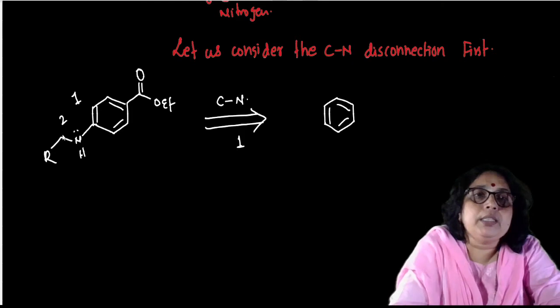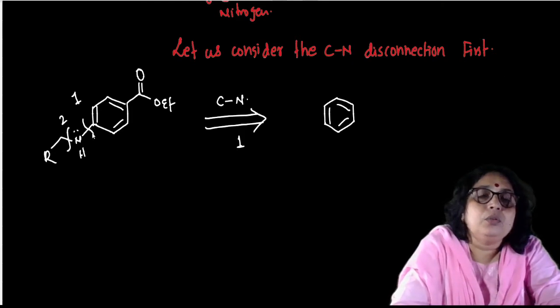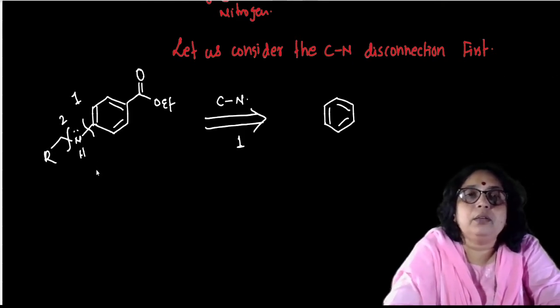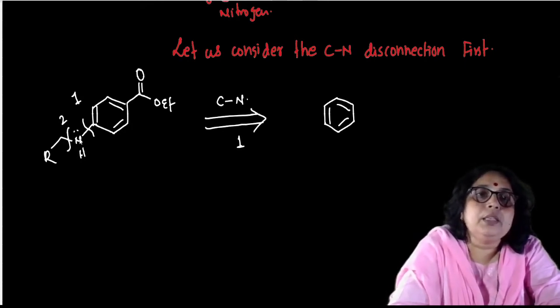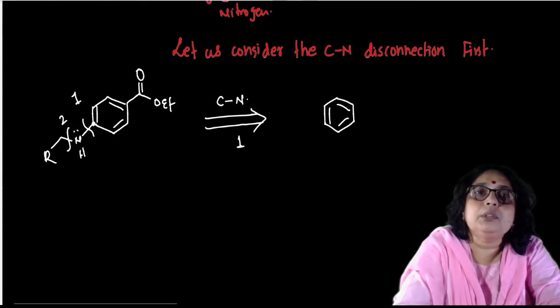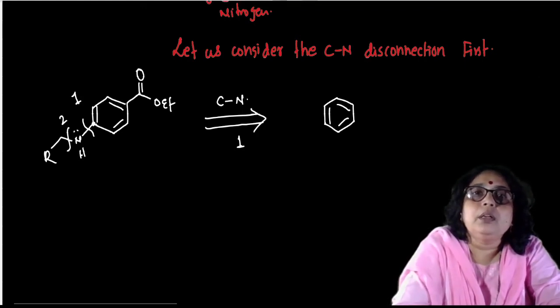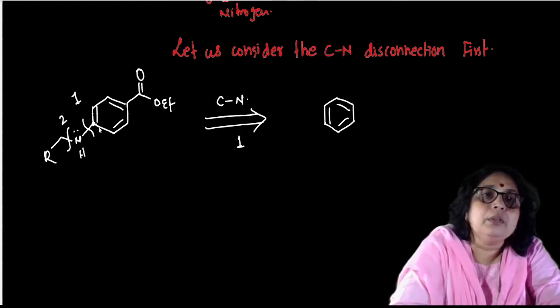Here I can see that there are two CN possibilities. One CN is this nitrogen connected with this carbon. So I will color this carbon. So this is the first carbon and this is the second carbon.